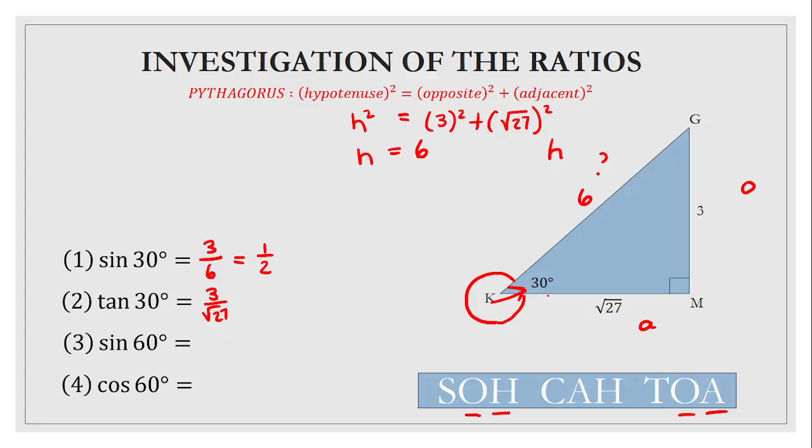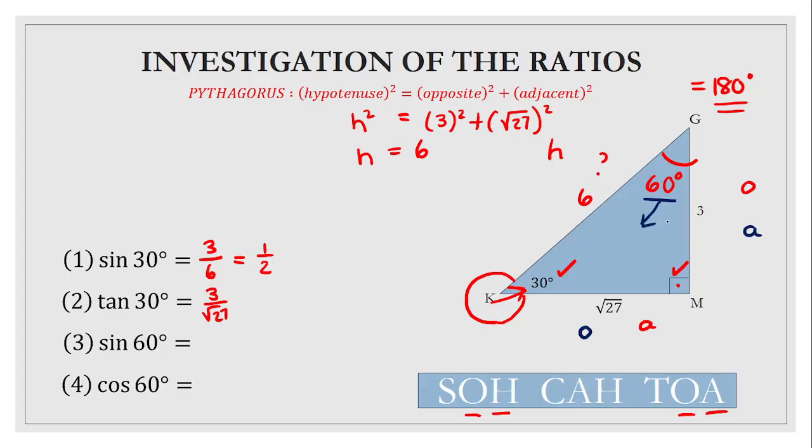sine 60. Well, where would 60 be? I know that the interior angles of a triangle need to add up to 180. I've already got 30 and I've already got 90, which makes this third angle 60 degrees. So now we're going to look from that angle. So looking from that angle, this is now my opposite and this is my adjacent.